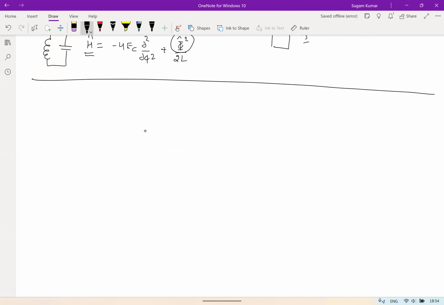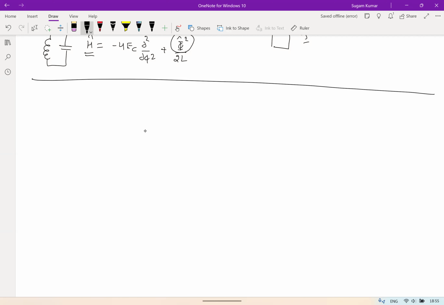So this is the general situation, the general behavior, a general way to make a superconducting loop. And now I will say that this Josephson junction is going to be used to create different types of qubits.